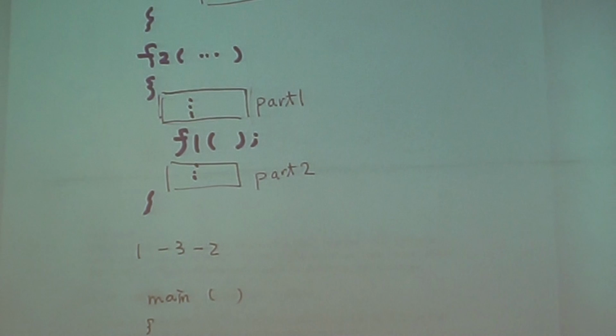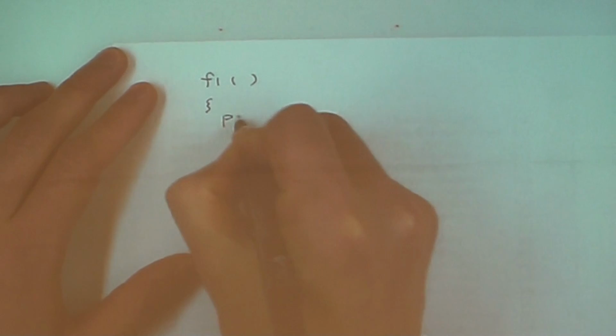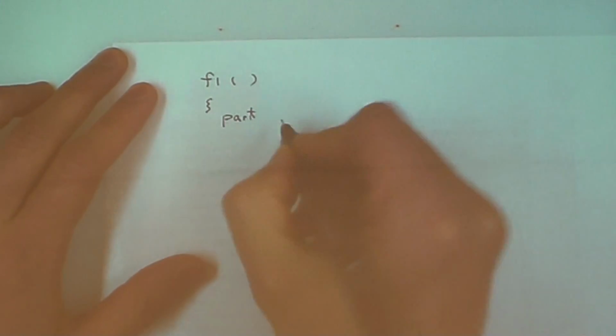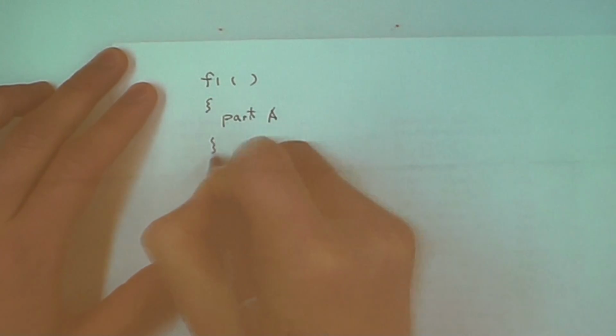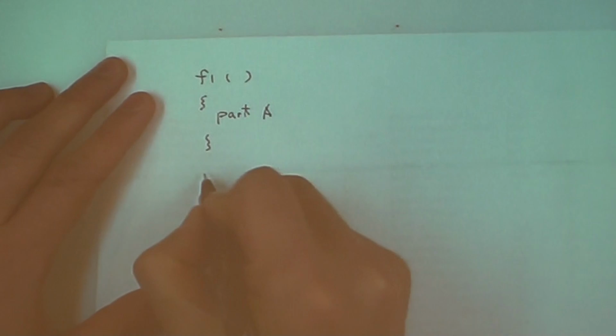Okay. Now let's consider something a little bit more complicated. So I have function f1. Instead of using 1, 2, 3, I'm going to use A, B, C because the 1, 2, 3 seems confusing.